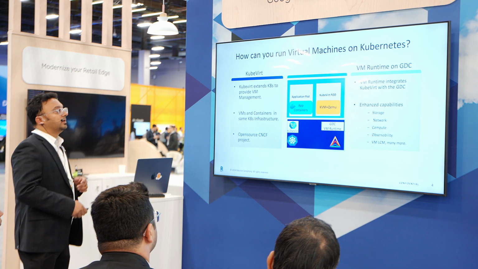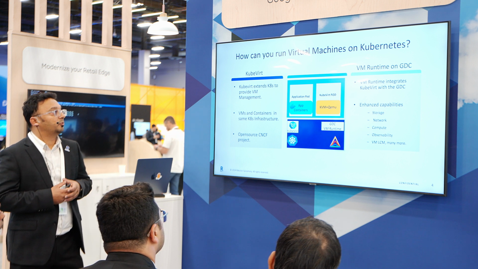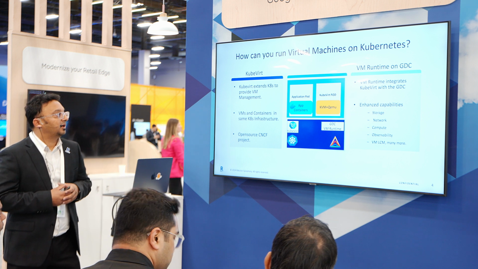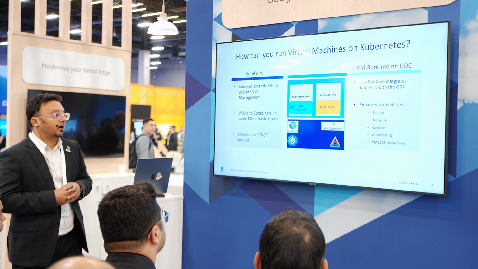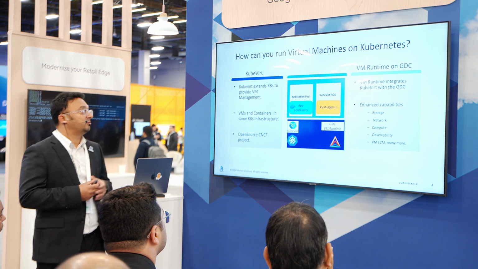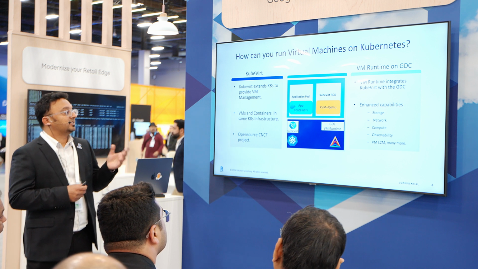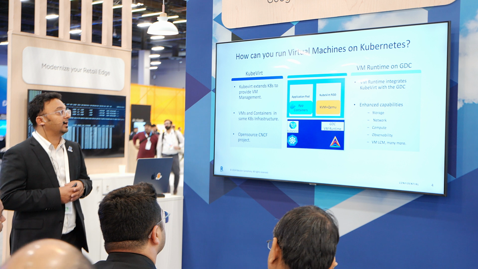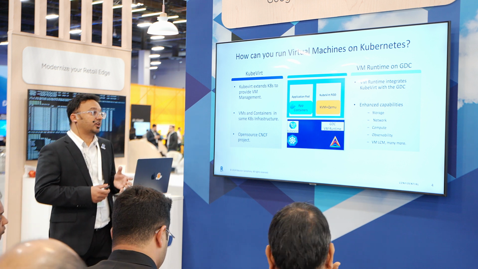So how can you get the VMs to run on Kubernetes, right? You have KubeVirt, which extends the Kubernetes management and runs as a custom resource definition on vanilla Kubernetes. It's an open source CNCF project, and it allows you to run both VMs and containers in the same infrastructure.